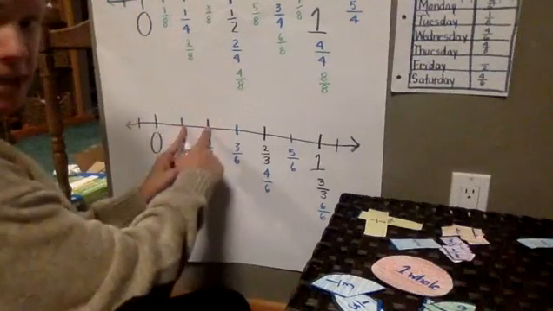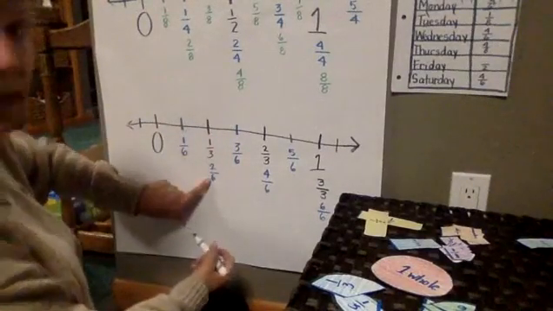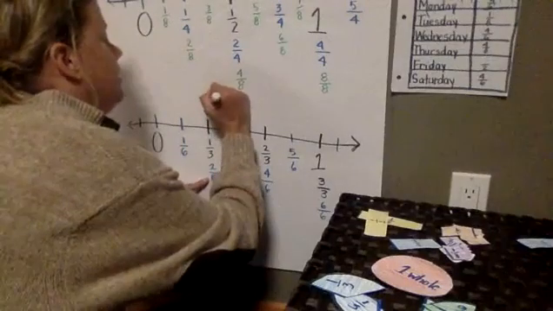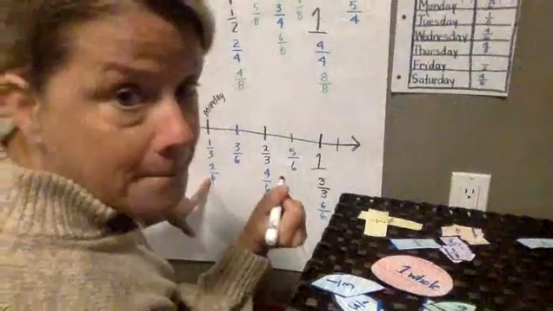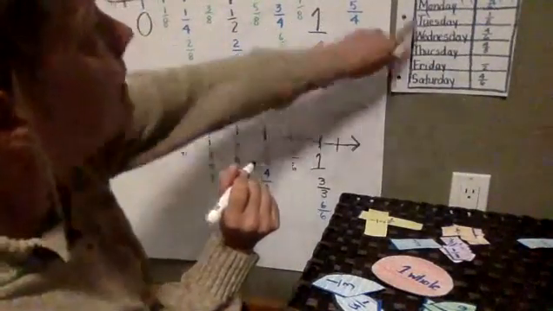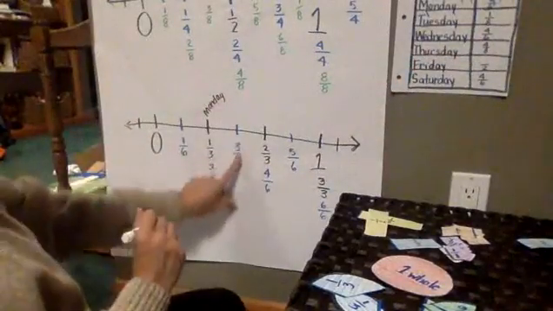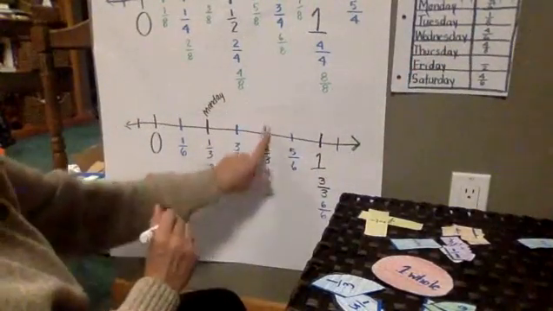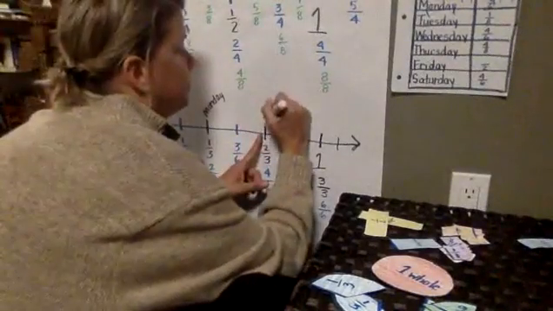They have the same area, same amount of space. I see 2/6 right here, so I know that this is Monday. And then Wednesday has 4/6. So I see 3/6. There's 4/6. Same value as 2/3. So this is Wednesday.